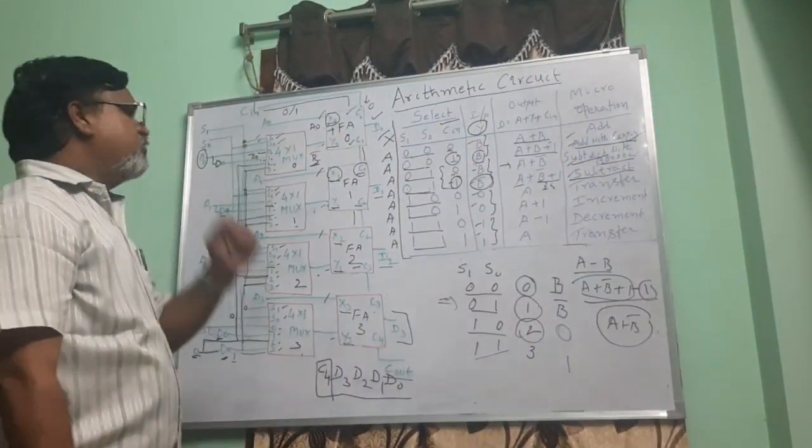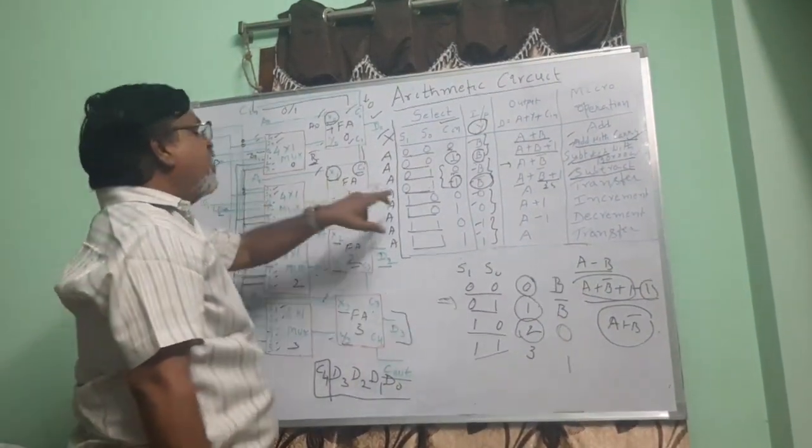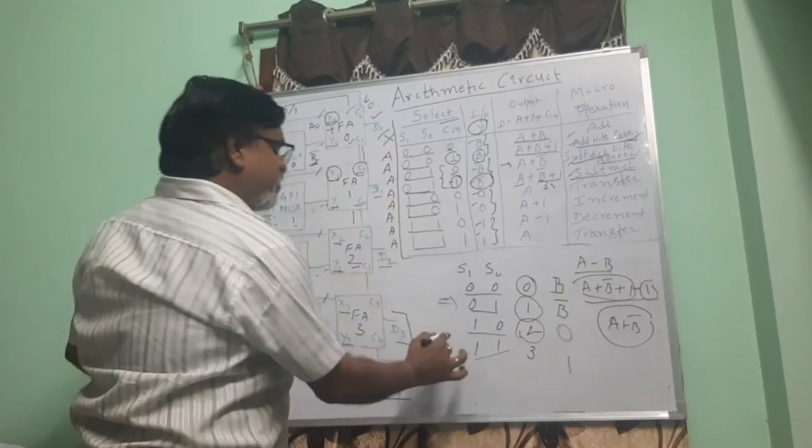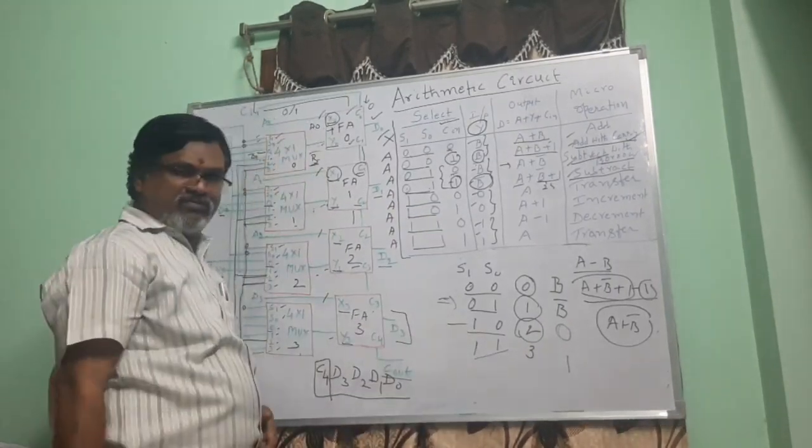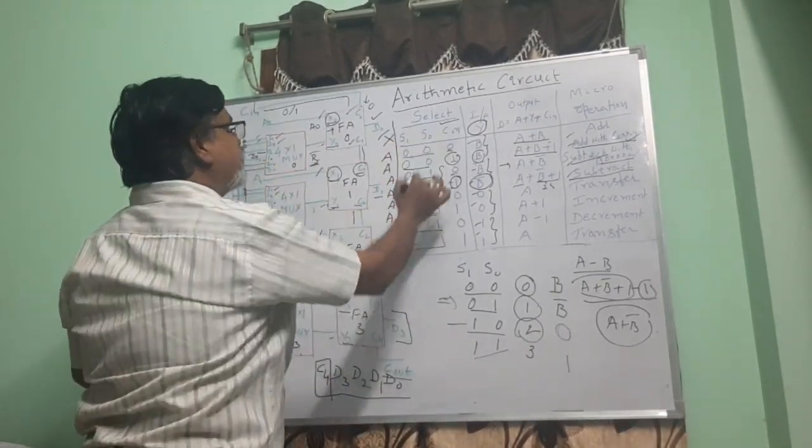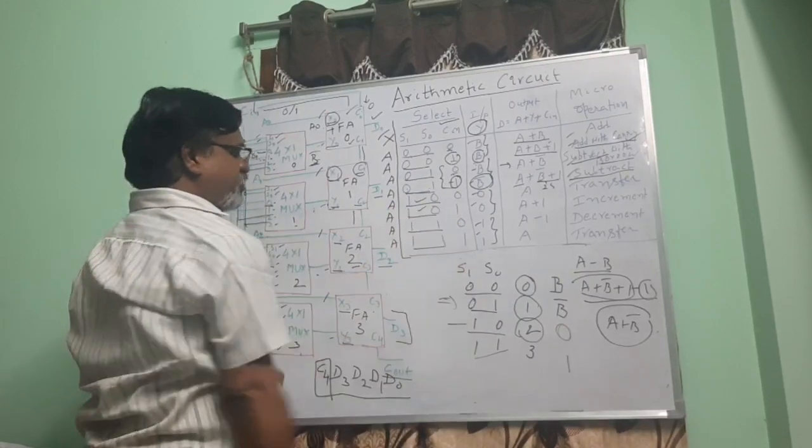Fine? Now here the third one, 1 0. So S1 and S0 are 1 and 0.